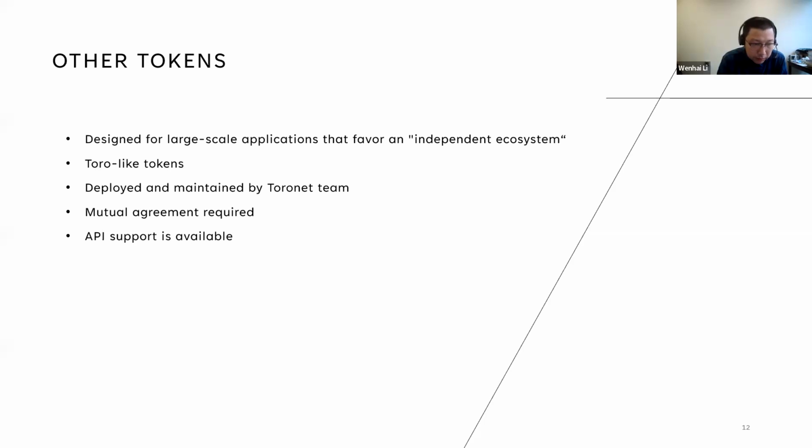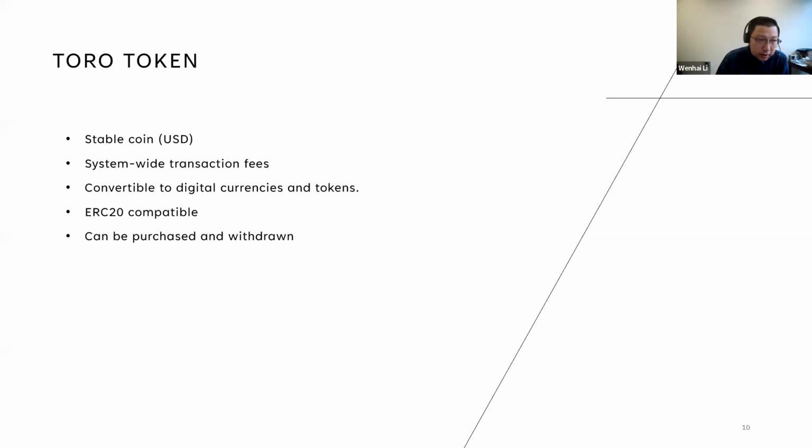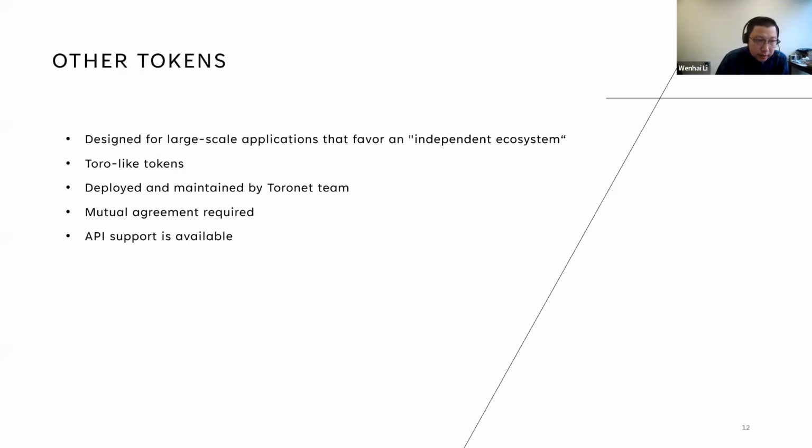We do need some mutual agreement before we are able to do this. And again, after we deploy this standalone token, we will also provide API support for it. So all these three things, the Toro token, the digital currencies, and the other kinds of tokens, are the basic framework of the Toronet.